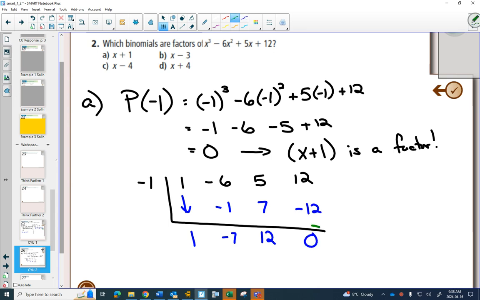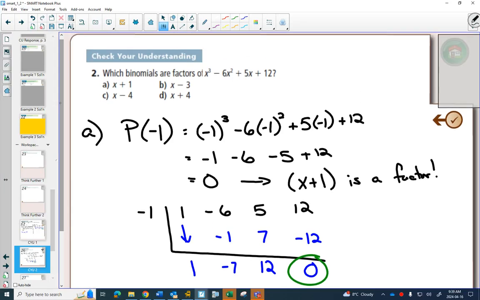And you should get the same remainder with synthetic division. Another advantage of the synthetic division over the remainder theorem is not only do you get the remainder, but you are ready to write your division statement.